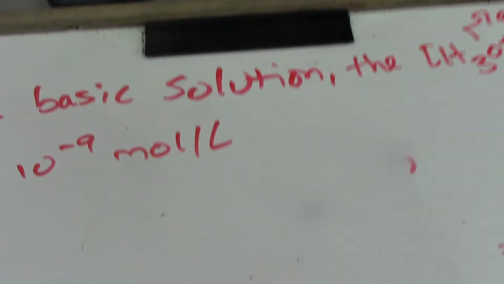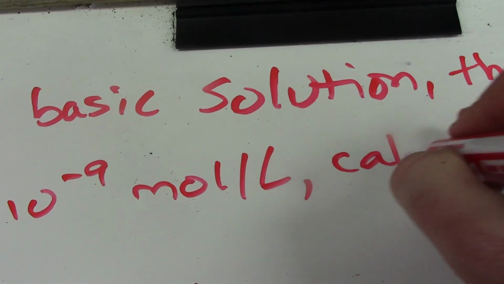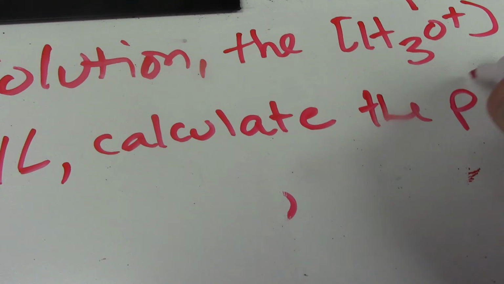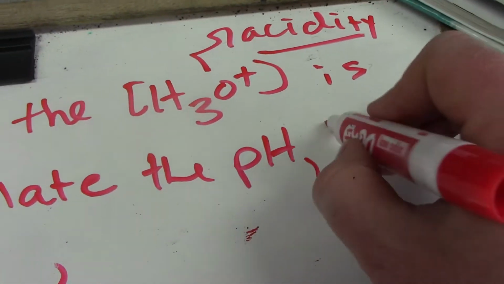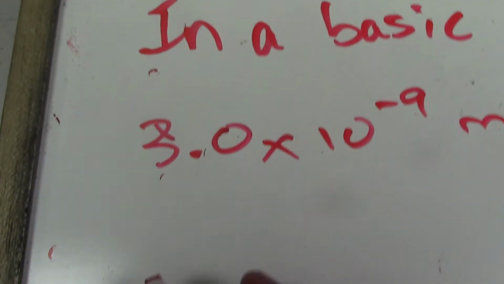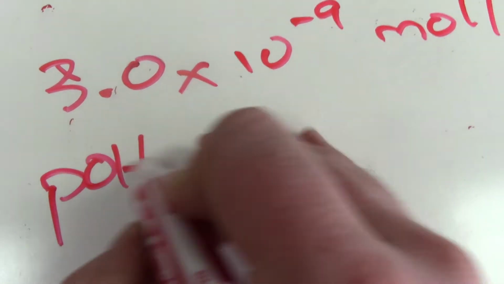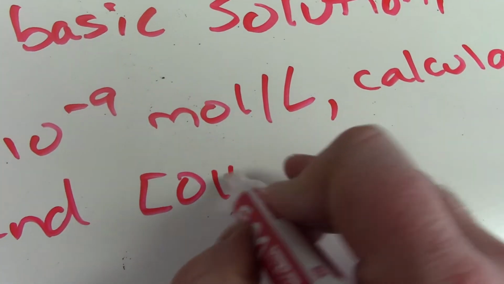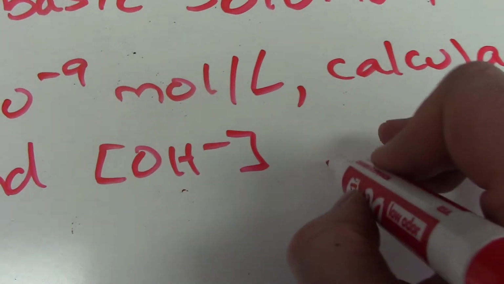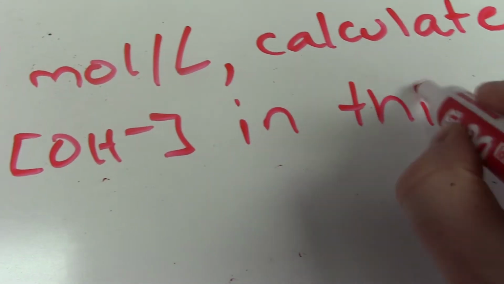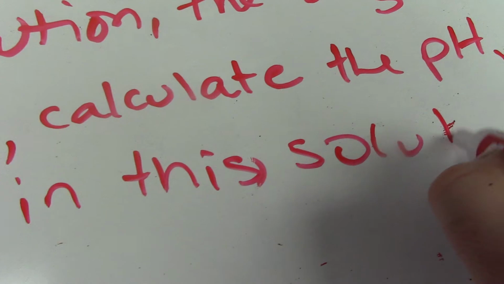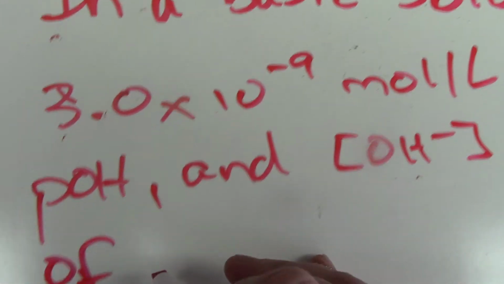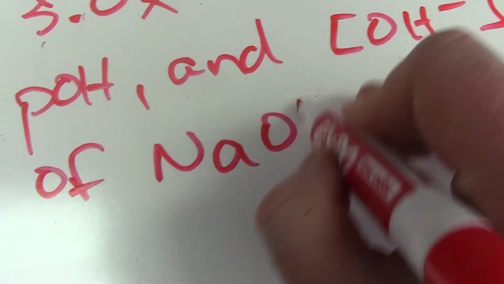Calculate the pH, the pOH, and the hydroxide ion concentration in this solution of NaOH, or sodium hydroxide.